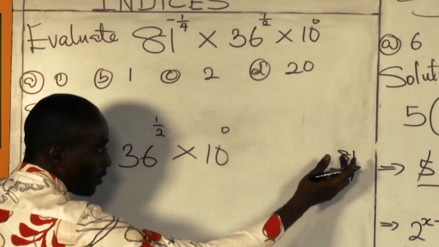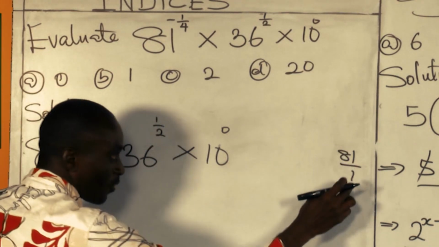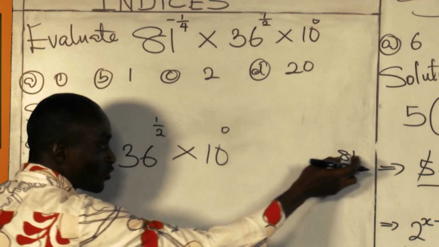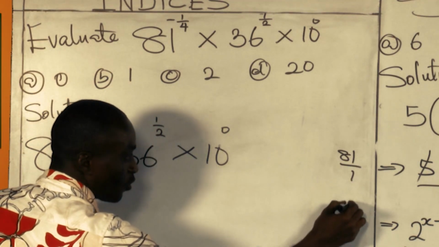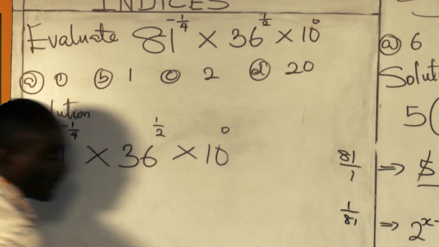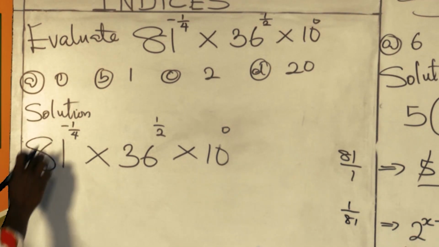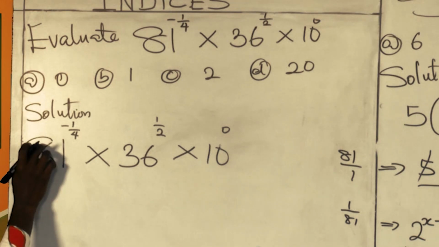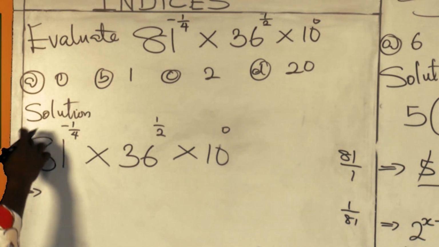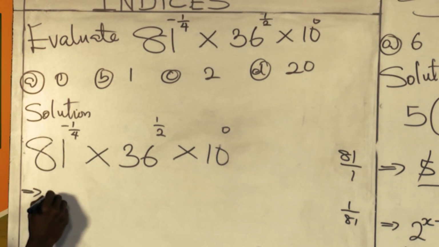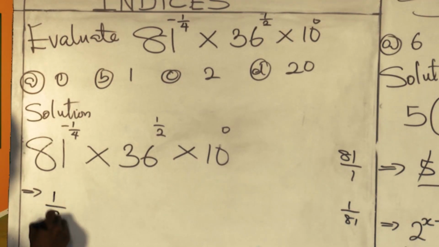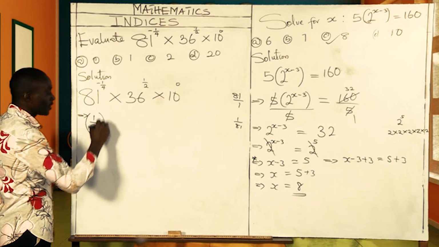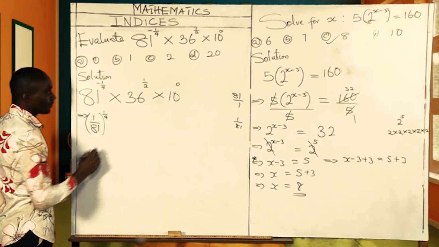Now, the reciprocal of 81 over 1 is 1 over 81. So removing this negative power gives me the reciprocal of the base, which means I'm going to have 1 over 81 raised to the power 1 over 4.